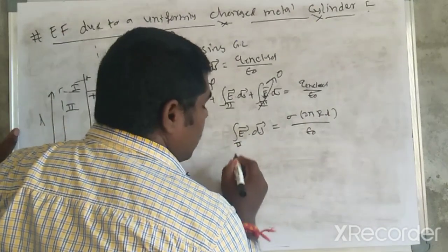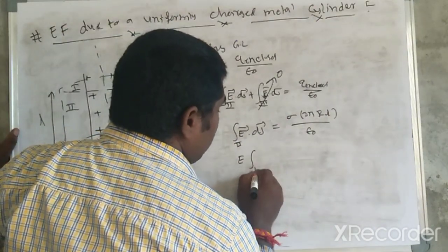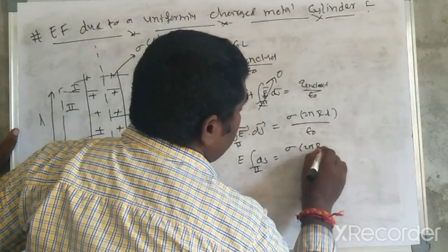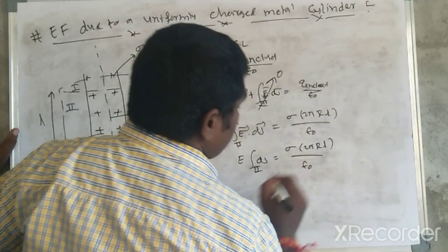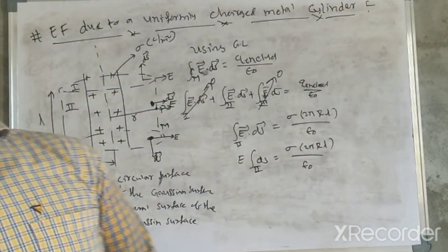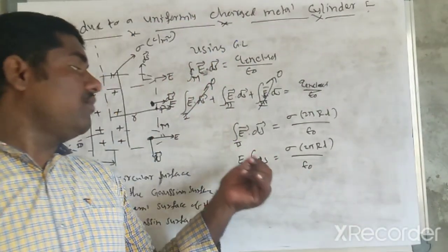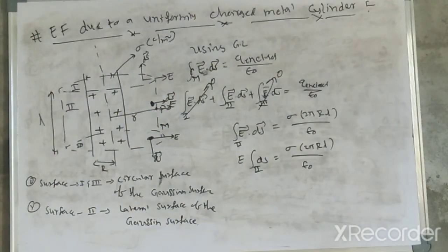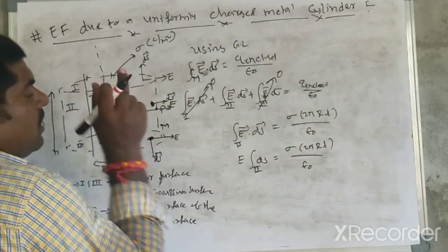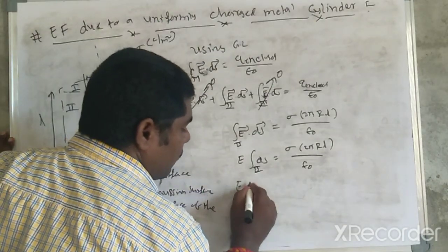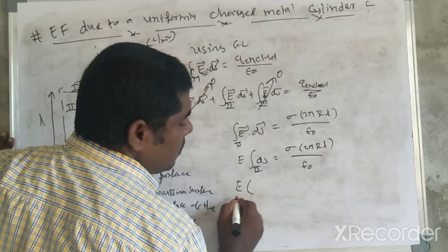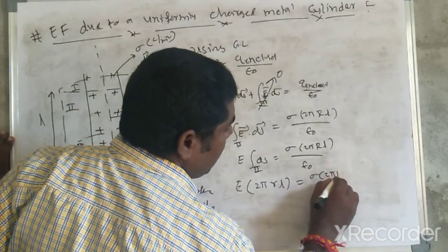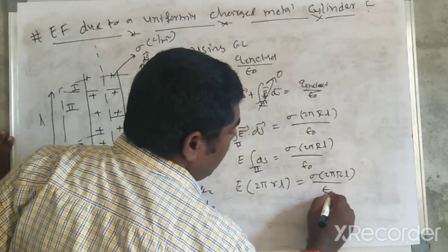Here the electric field is uniform, so you may write it out of the integral. The integral of ds over the second surface is the length of the cylinder times 2 pi small r. So electric field strength into 2 pi small r into L is equal to sigma into 2 pi capital R into L divided by epsilon naught.